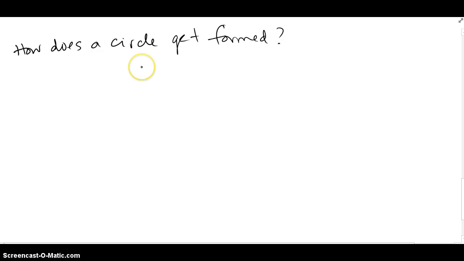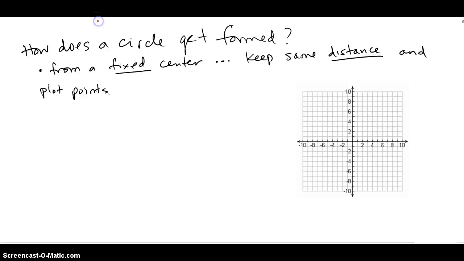Now we ask the question, how does a circle get formed? It basically gets formed from a fixed center, and we keep the same distance and plot points all the way around. For example, if I want to make my center be this ordered pair, then I have to keep the same distance all the way around that ordered pair in order to make my circle.